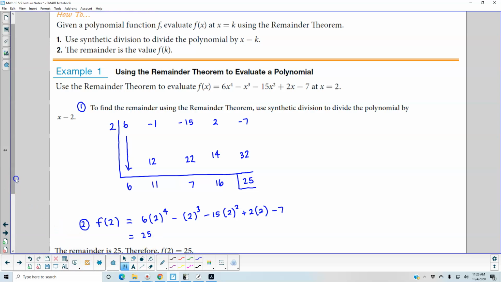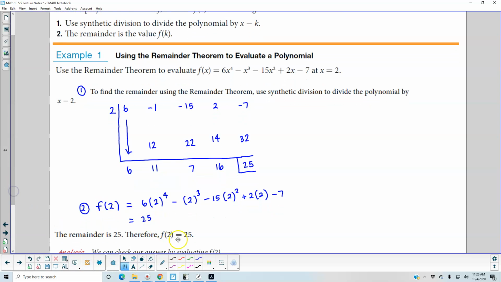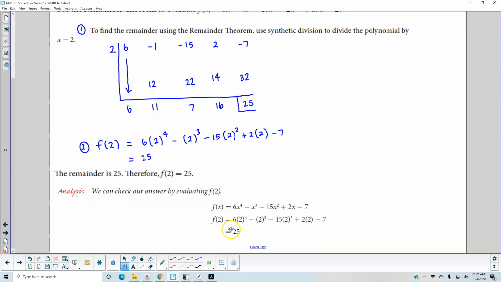So again, the remainder is 25, and so therefore f of 2 is equal to 25. And again, we checked our answer by plugging in the value of 2 into the function.